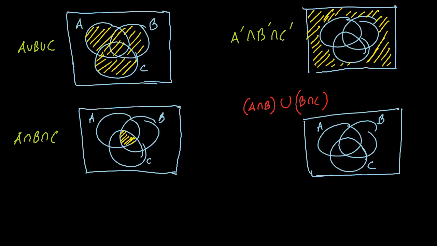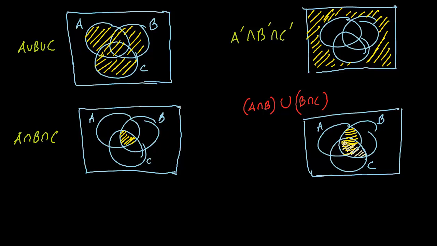So A intersection B is this region and B intersection C is this region, so A intersection B union B intersection C would be these two regions shaded together. That's all.